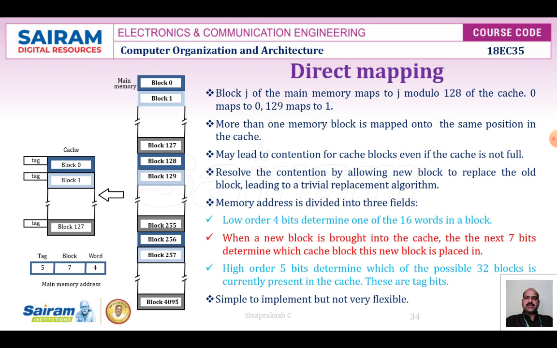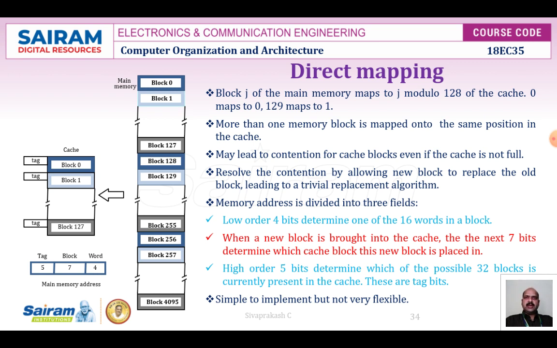For the purpose of cache access, each main memory address can be viewed as consisting of 3 fields. The least significant w bits identify a unique word or a byte within a block of main memory. In most contemporary machines, the address is at the byte level.